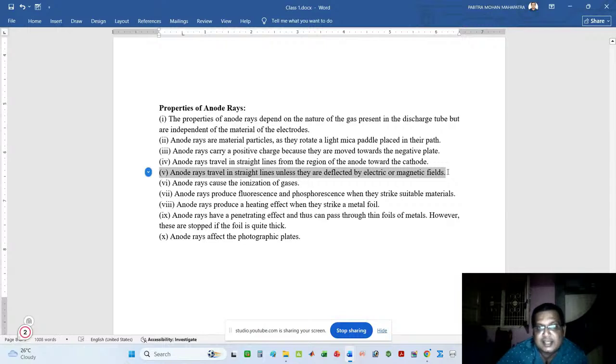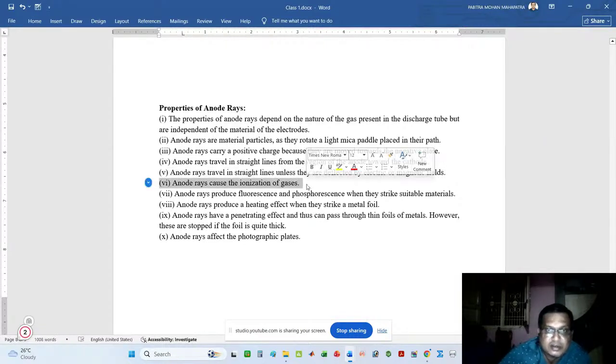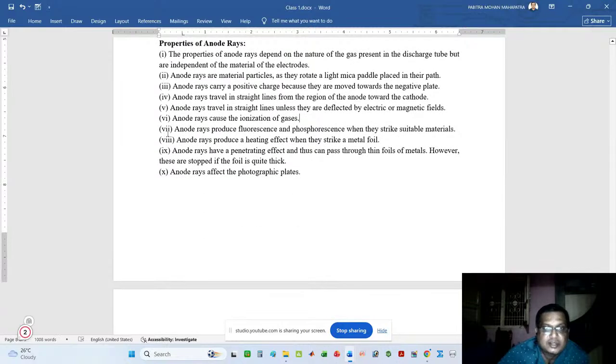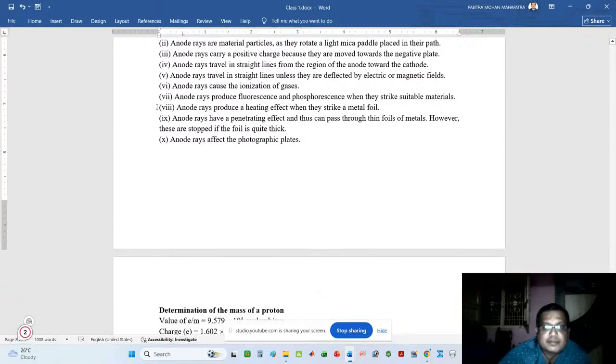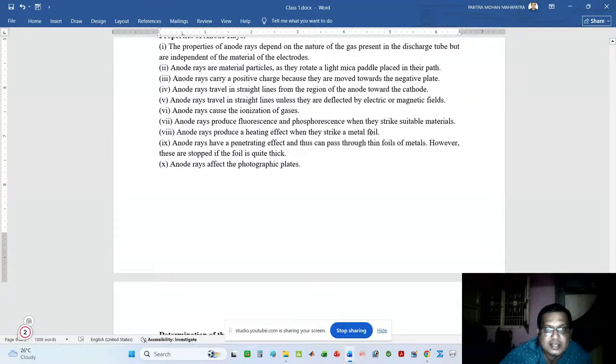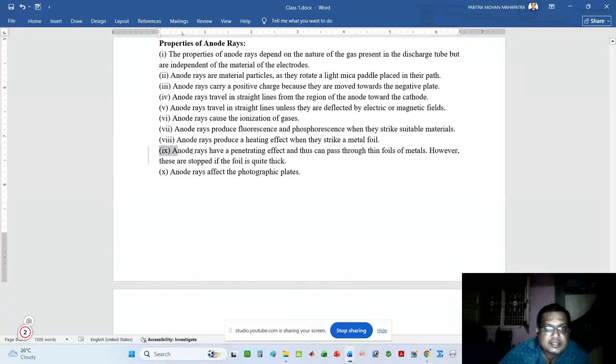magnetic field, like the cathode ray. Anode ray causes ionization of gases like the cathode ray. Anode ray produces fluorescence and phosphorescence when it strikes suitable material. This is also like the cathode ray. Next, anode ray produces heating effect when it strikes a metal foil. This is also like the cathode ray. Next, anode ray has a penetrating effect and thus can pass through thin foil of metal.